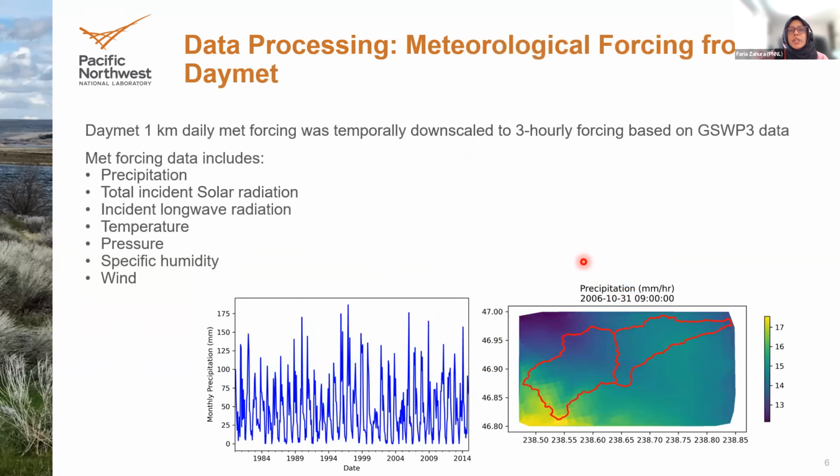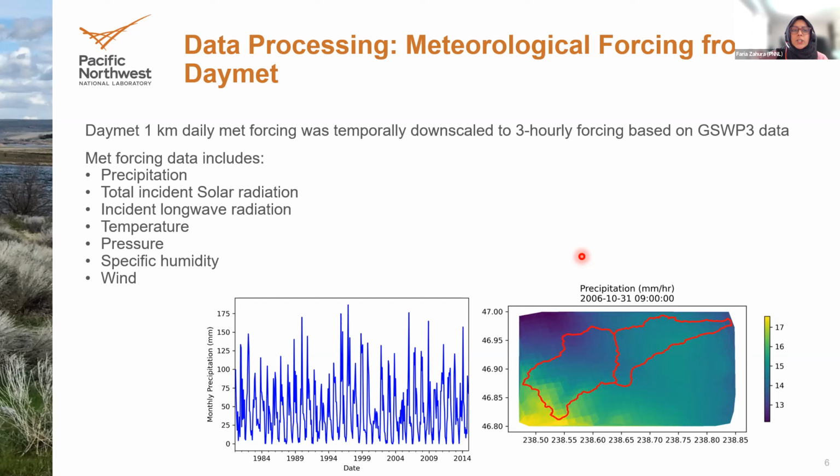And lastly, we need to provide the meteorological forcing to do the simulations. So for today's workshop, we'll be using Daymet data. Daymet provides daily met forcing at 1 kilometer resolution, and ELM requires sub-daily met forcing. So that's why this daily data was temporally downscaled to 3 hourly forcing based on GSWP3 data.